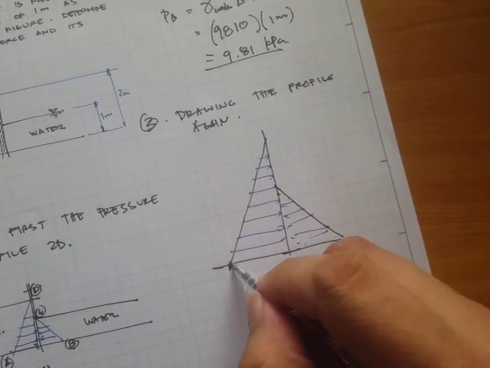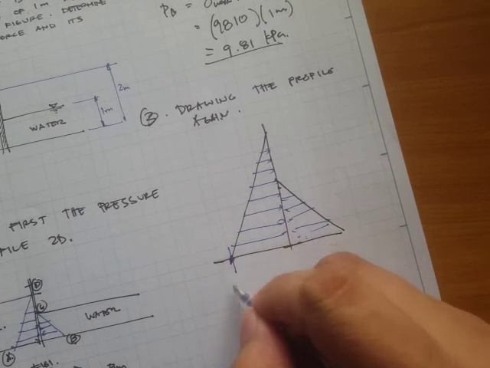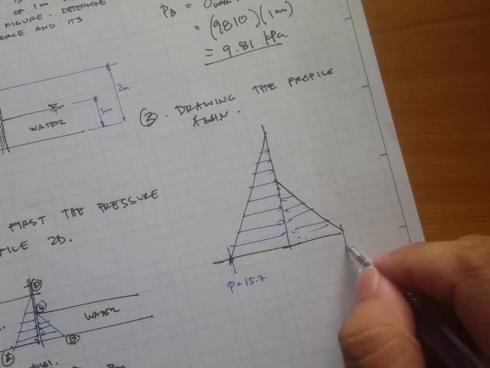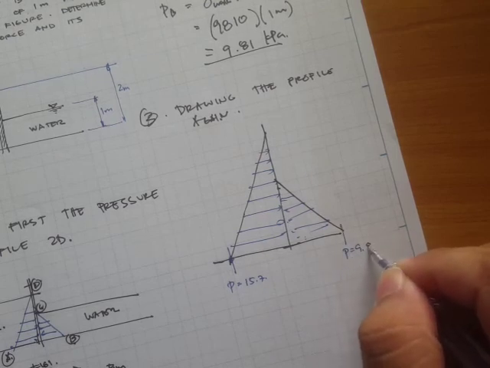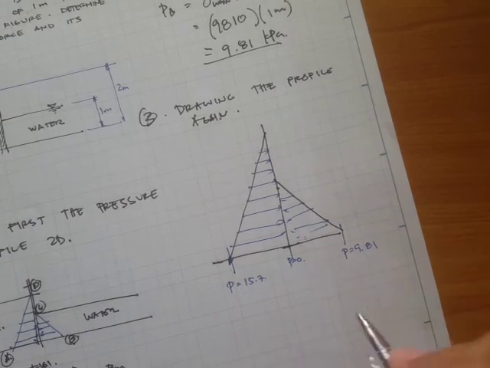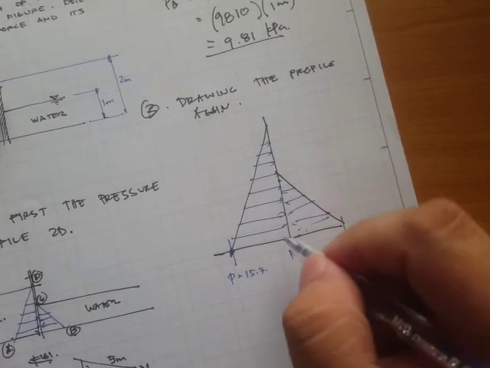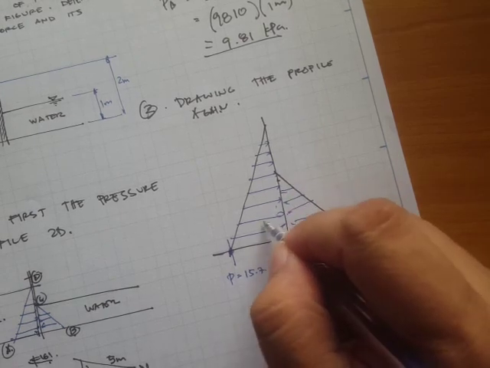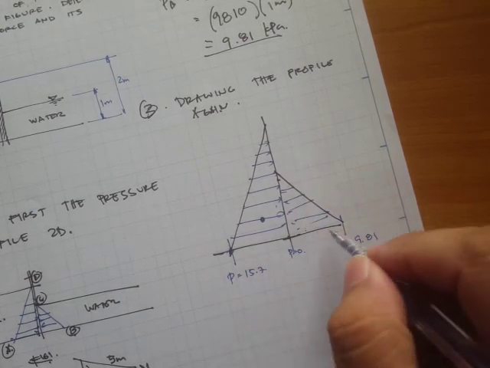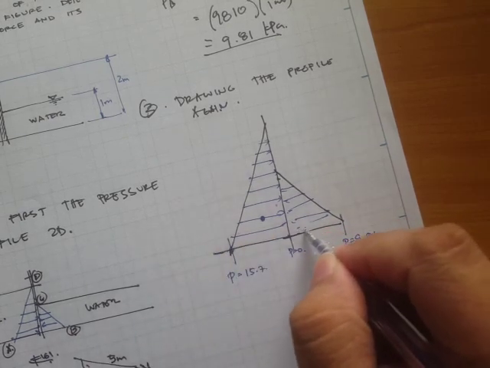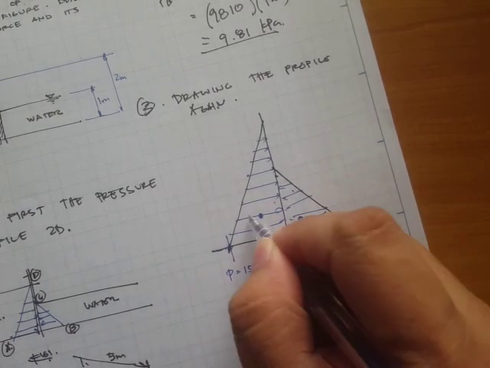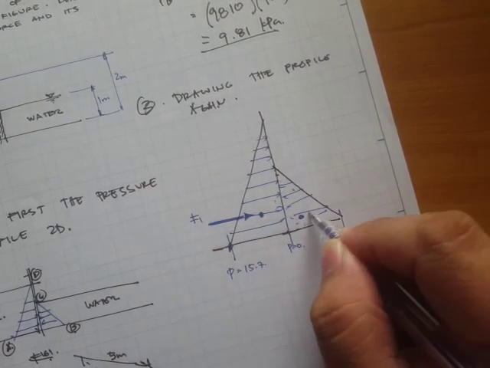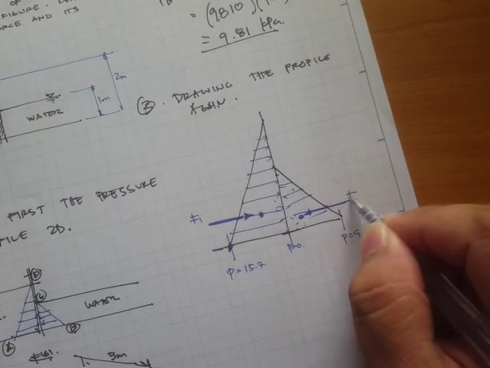This one is P equal to 15.7, and this one is P equal to 9.81. This one is P equal to 0. If we also draw the centroid right here, that's going to be 1/3 from this base, and this one would also be 1/3 from this base, and that's where the force will act. So this is our F1, and this will be our F2.